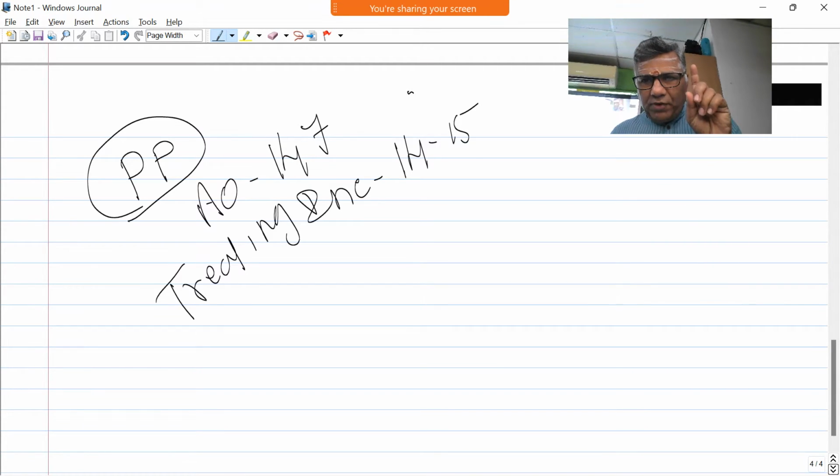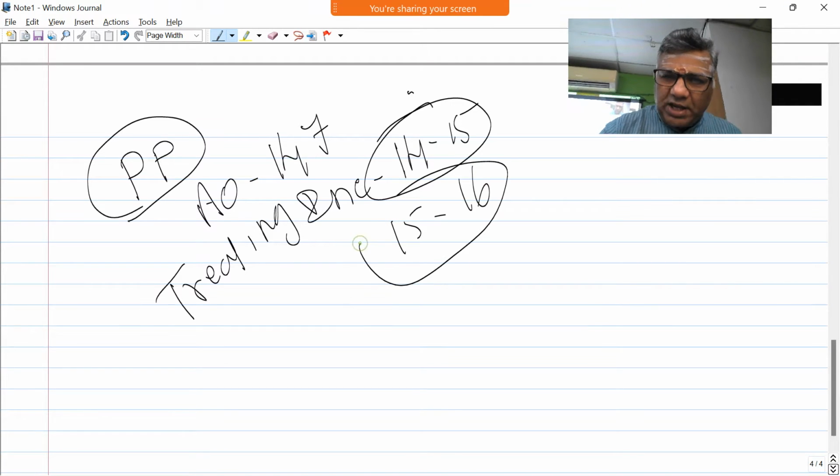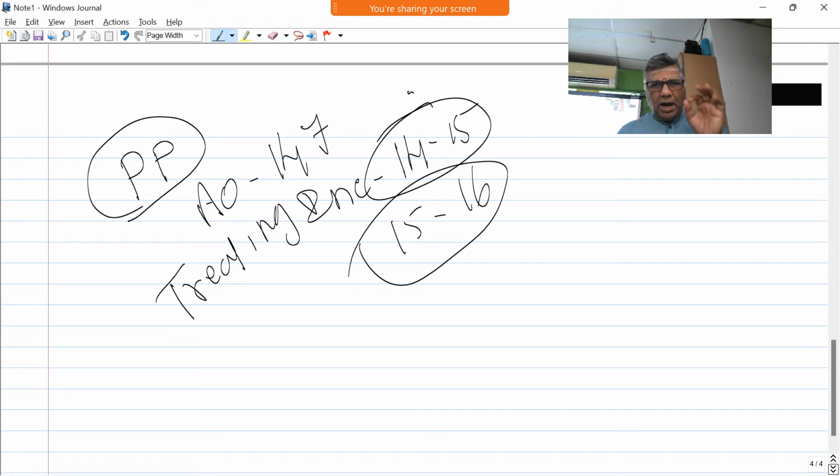The tribunal gave a judgment. Okay, this income is not taxable under 14-15. This income is taxable under 15-16. Understand the case?